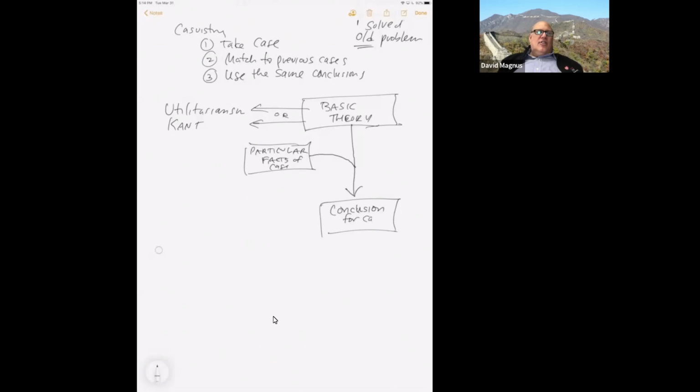Casuists say this is not, in fact, how people engage in practical reasoning. We've already seen that that's not how people reason when it comes to your calculus classes or your physics classes.